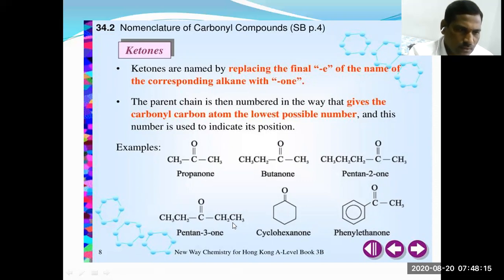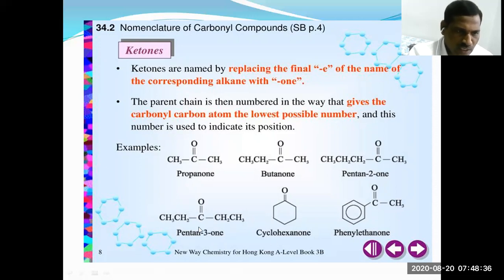In this, a total of 1, 2, 3, 4, 5 carbons are present. The third carbon has the carbonyl group, the keto group. The name of this compound is pentan-3-one or 3-pentanone.